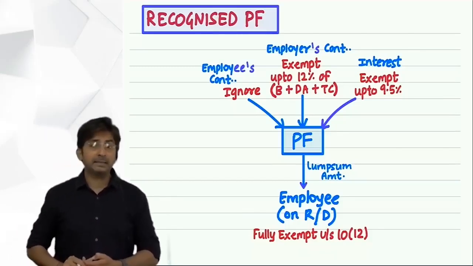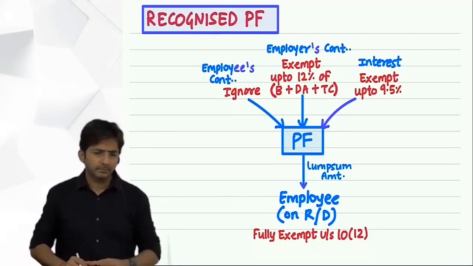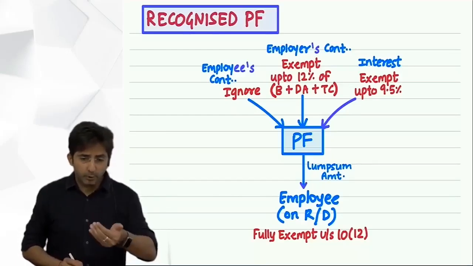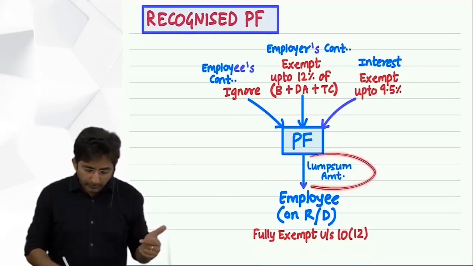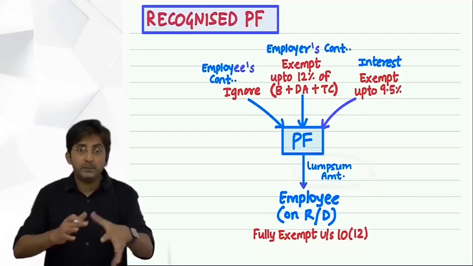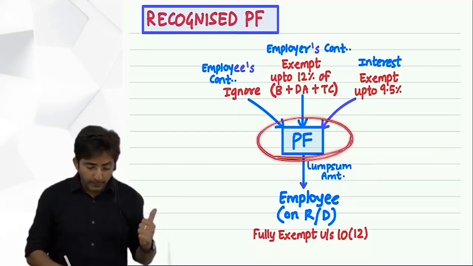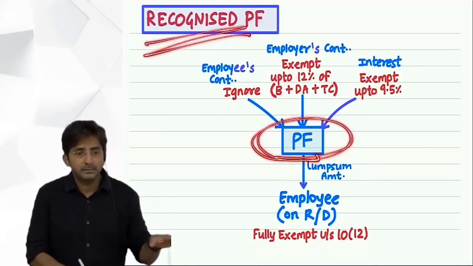Why does the Income Tax Act expect that you should work for minimum 5 years? Because if an employee leaves the job before 5 years, he will be given this amount, and to give this lump sum amount, all the investments will be broken. And as you know, provident fund money in RPF is invested as per government directions.